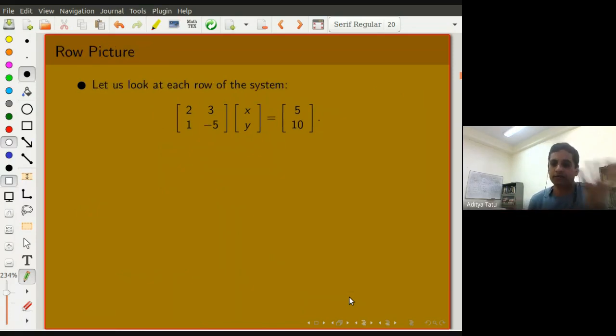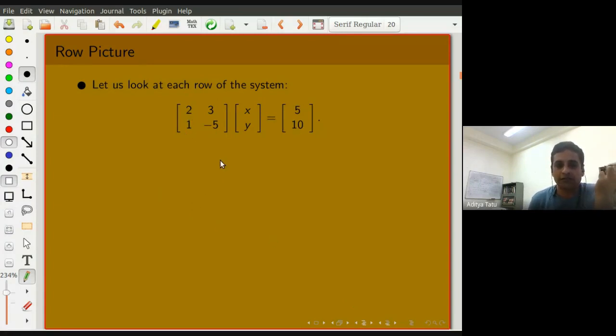Before we see how to solve it, or when a solution exists, let's try to get a geometric interpretation of these systems of equations. This 2 by 2 system that we saw is just rewritten here.